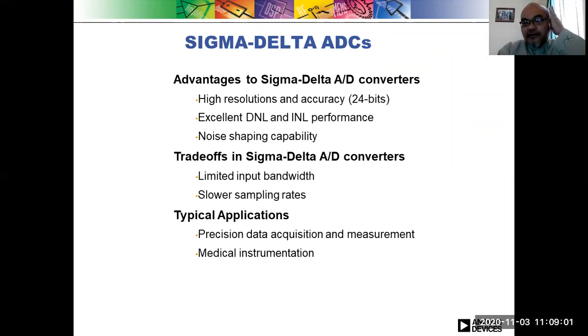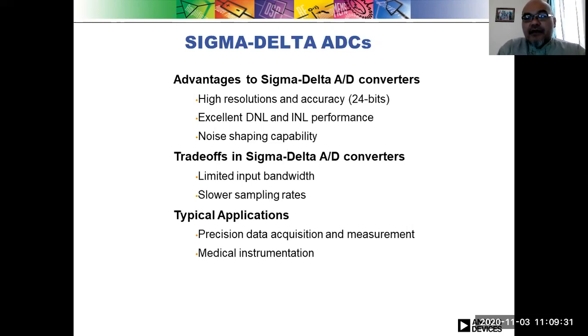A sigma delta ADC will have some problem with that, because remember that the algorithm in sigma delta oversamples the signal. If the signal itself already has very high bandwidth, then it is not possible to do a very high sampling rate.